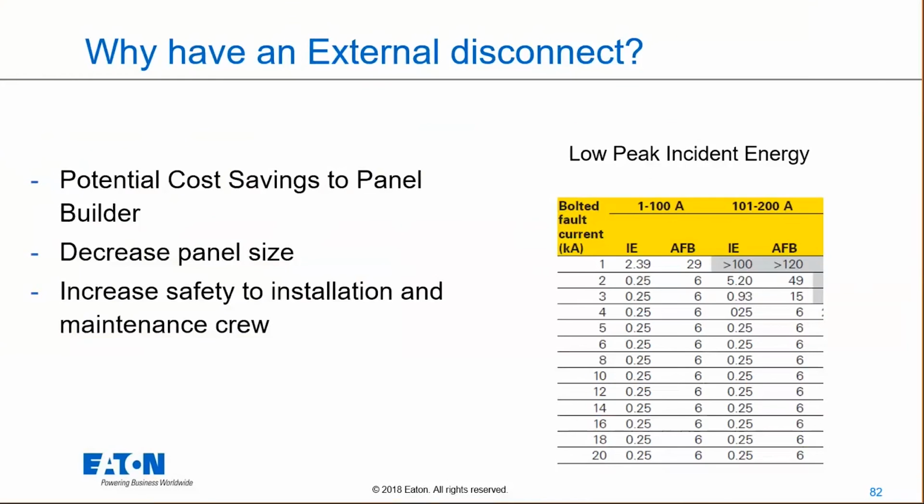But a really good reason to do it is to increase safety to the installation and maintenance crew. Some things you may have never thought about. If I can put my disconnect external and just ahead of the device, and I put in, let's say, our 200 amp class J, in many cases I'm going to drastically reduce the incident energy available.